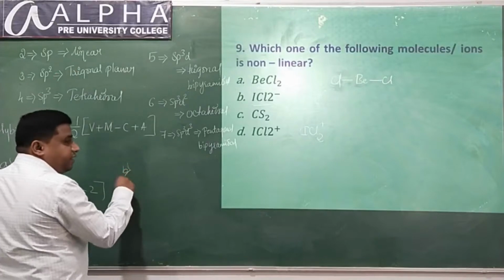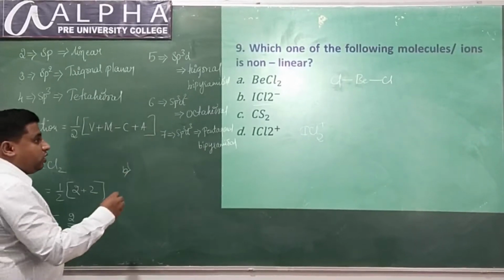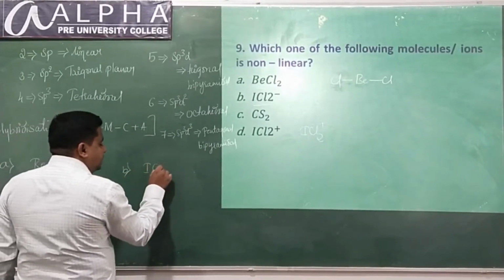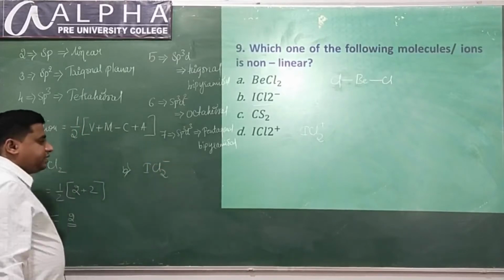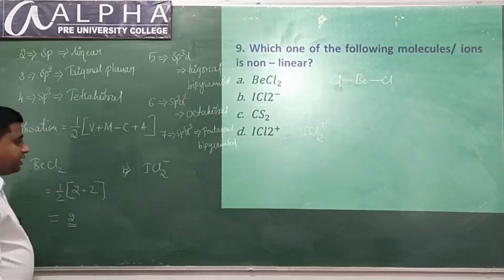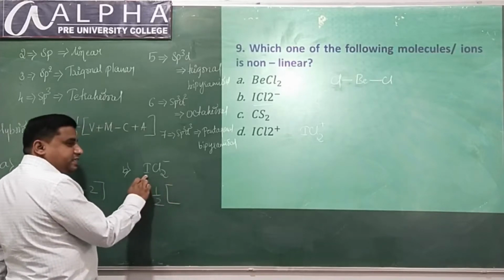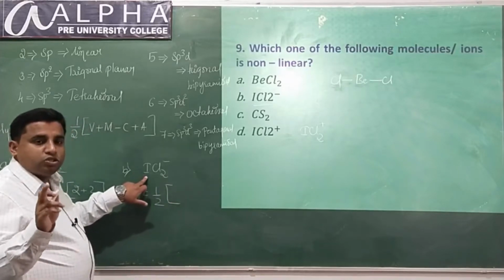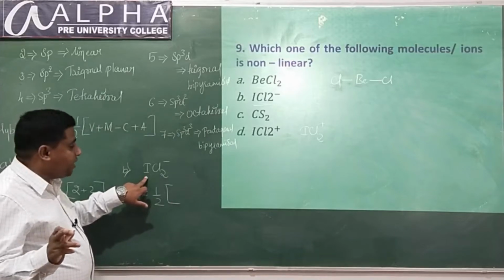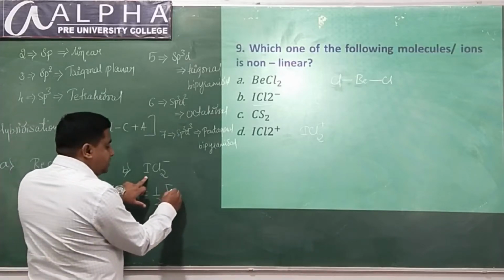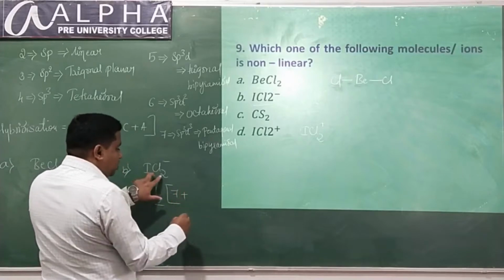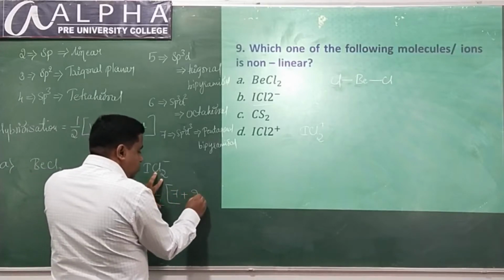Understood? Now if I consider the next option, ICl2 minus, let us calculate the hybridization for this. Iodine is the central atom, and it belongs to the halogen family, so the number of valence electrons is 7, plus there are 2 monovalent atoms, so plus 2.